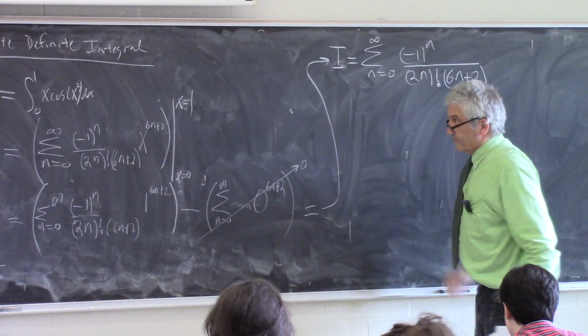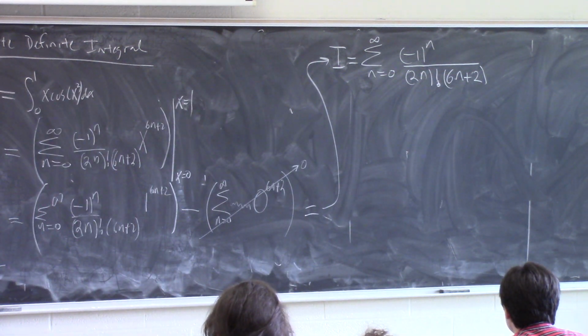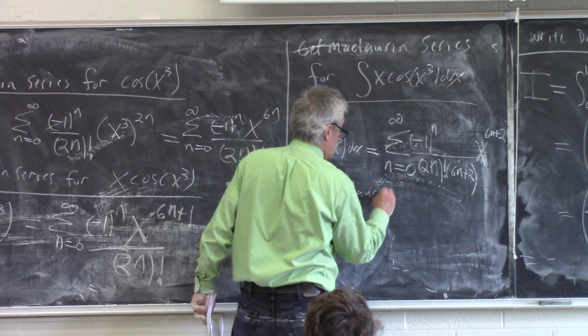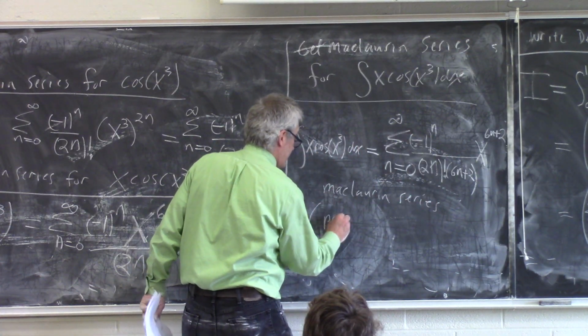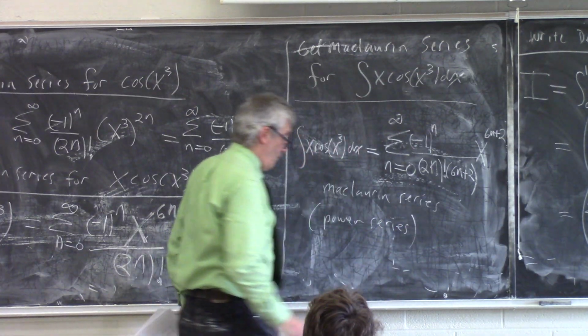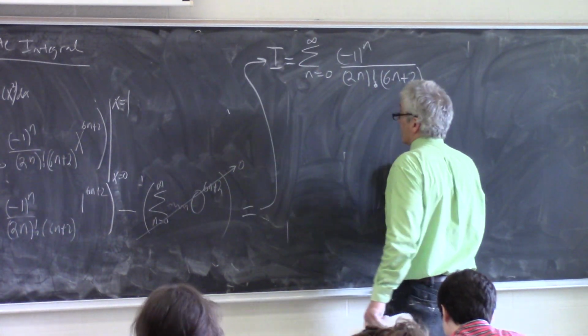So notice, this is a power series, or a Maclaurin series, which is a power series. So it's a kind of power series. This baby is just a series. There are no powers of x.